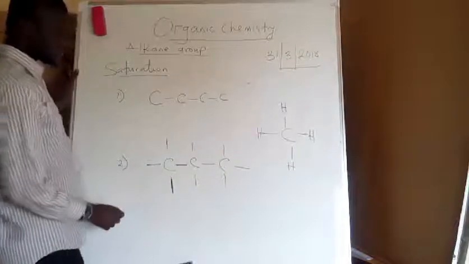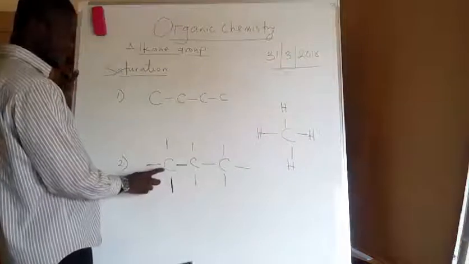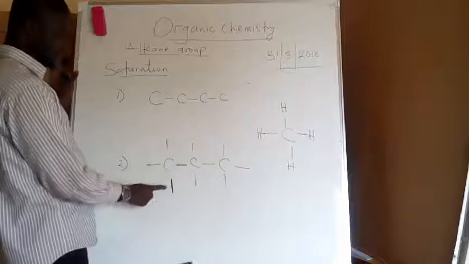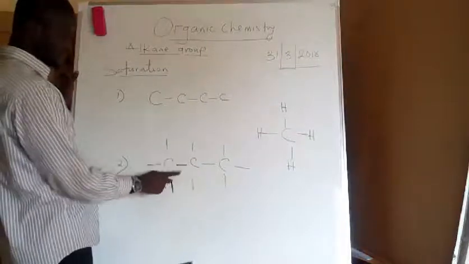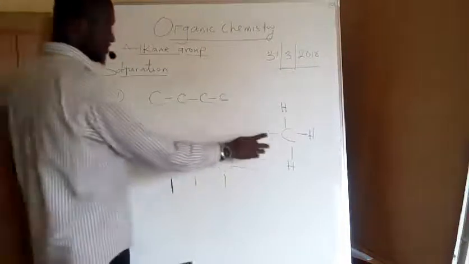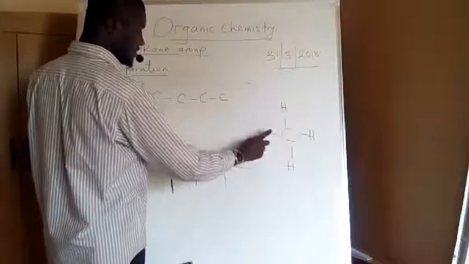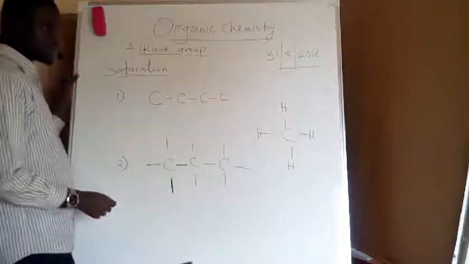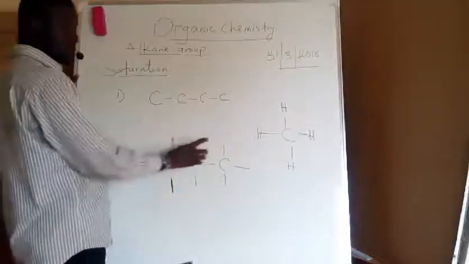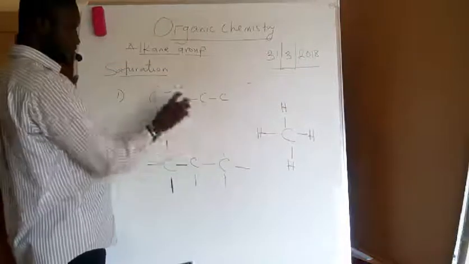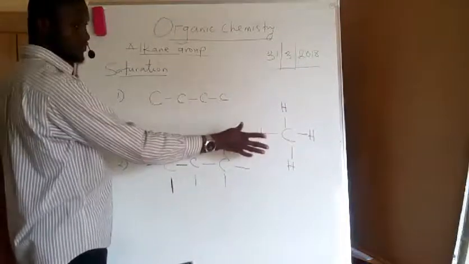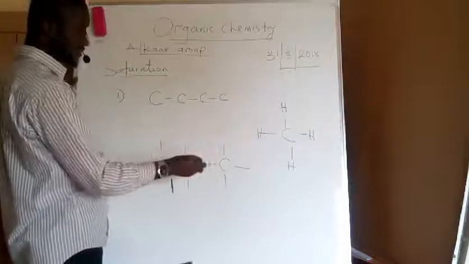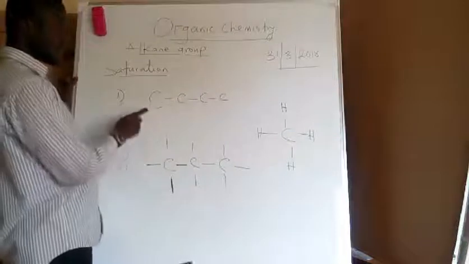Okay, let's look at the second definition. This one says a compound is saturated if each carbon atom is bonded to 4 different atoms. If you look at methane, we have a carbon bonded to 1, 2, 3, 4 different atoms. So based on the second definition, methane is saturated, but based on the first definition, we do not know the status of methane. So the second definition is more correct than the first.